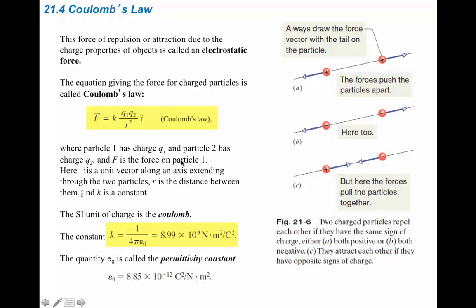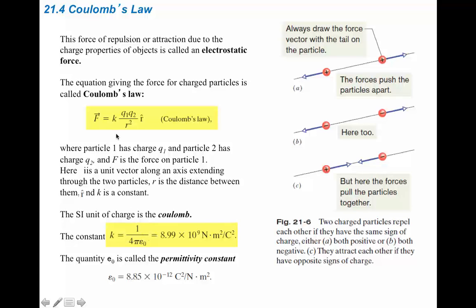Now the constant of proportionality in Coulomb's law is k. k is 8.99 times 10 to the 9th newton meters squared per coulomb squared. Another way of writing k is 1 over 4 pi epsilon naught, where epsilon naught is another constant called the permittivity constant, and epsilon naught is equal to 8.85 times 10 to the negative 12 coulombs squared per newton meter squared.